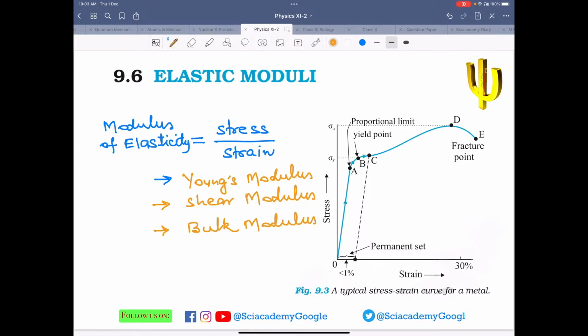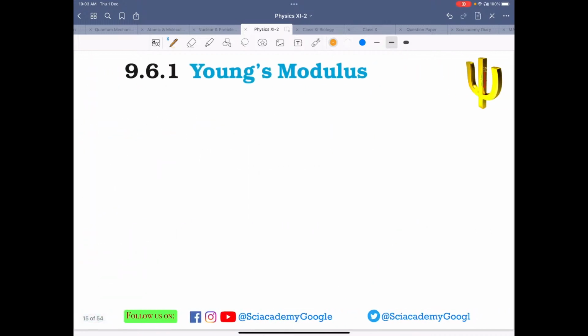So let us first discuss the Young's modulus. What is Young's modulus? As per the experimental observation, it is found that the magnitude of the strain produced is same whether the stress is tensile or compressive.